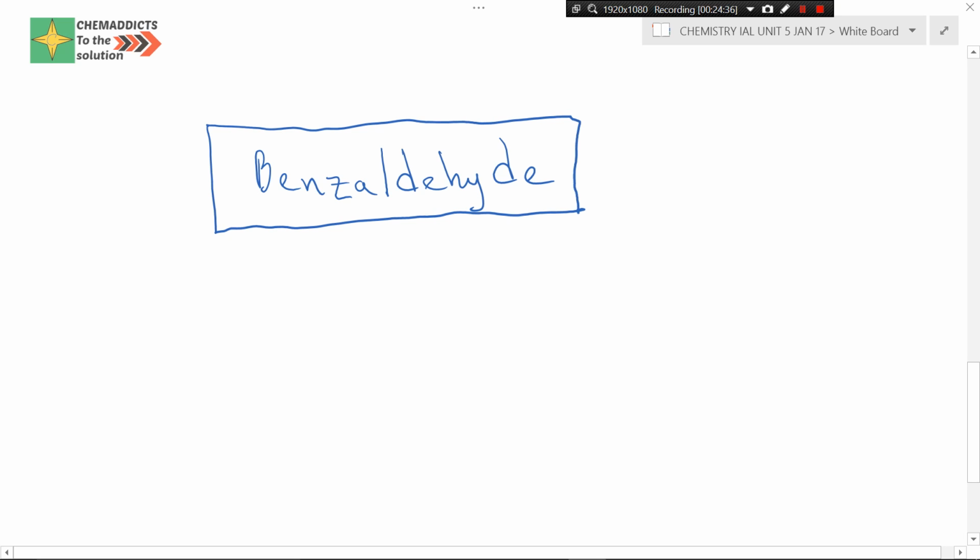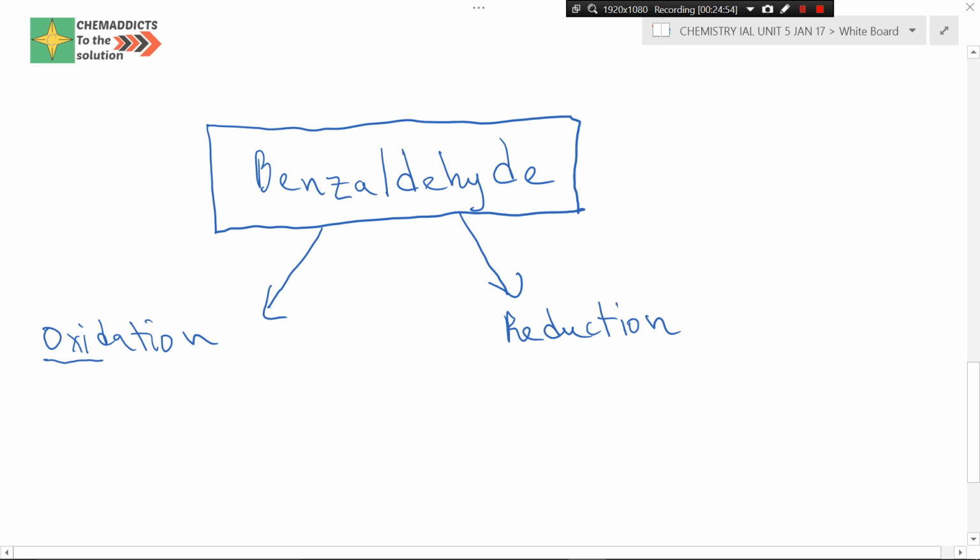First we have carried out oxidation of benzaldehyde, and later reduction of benzaldehyde. Oxidation of benzaldehyde is carried out in the first step, and in the second step, reduction of benzaldehyde is also carried out.